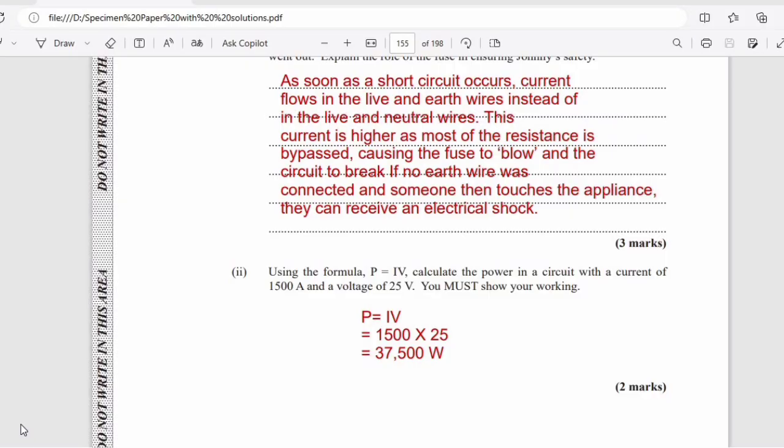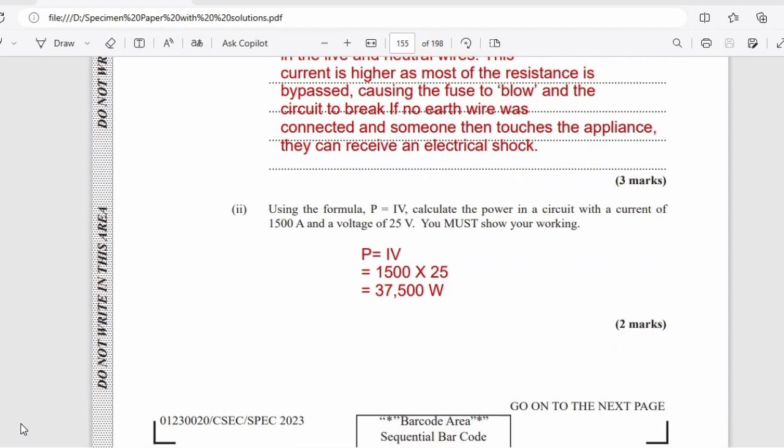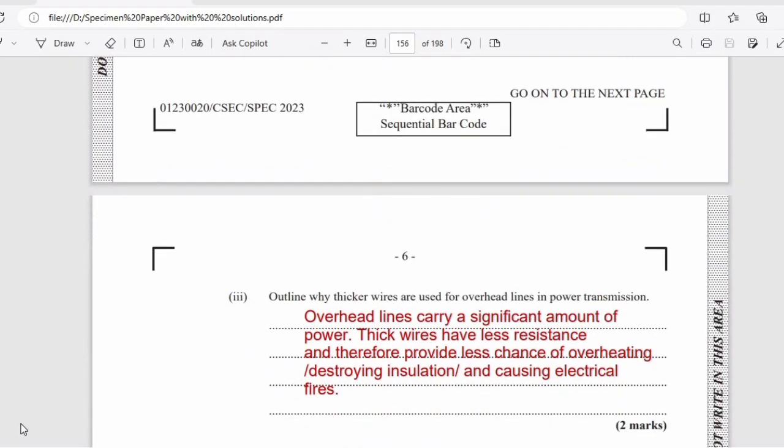Since you know what current is and what voltage is, you just plug it into the formula. P is equal to 1500 times 25, which gives us 37,500, and your unit, guys, must be correct. If they're asking you to calculate power, you must state that your answer is in watts. All right, so that's for 2 marks. Simple and easy. You don't even have to remember the formula out of your head.